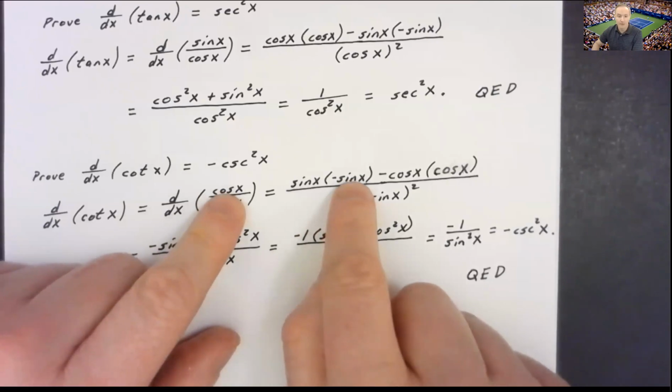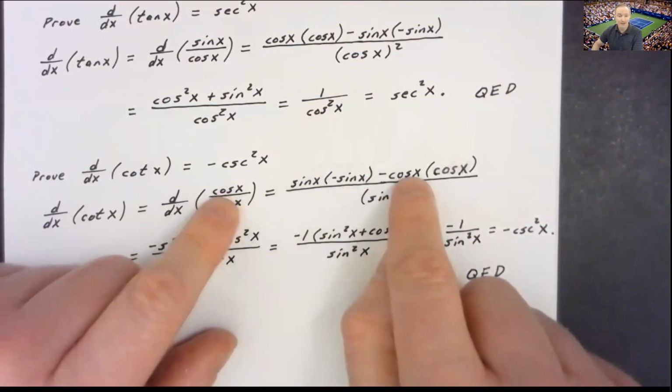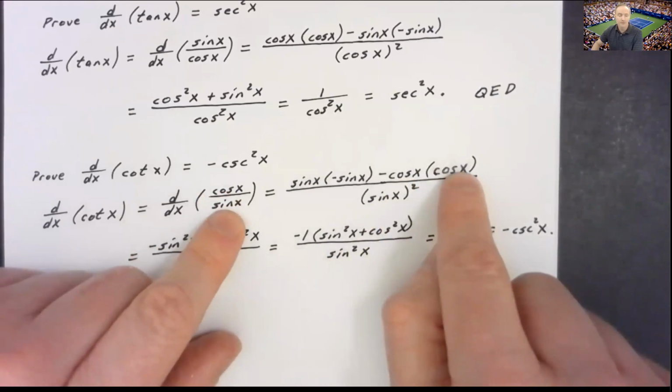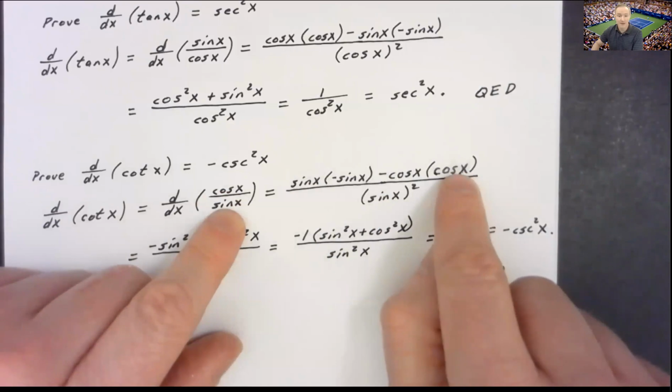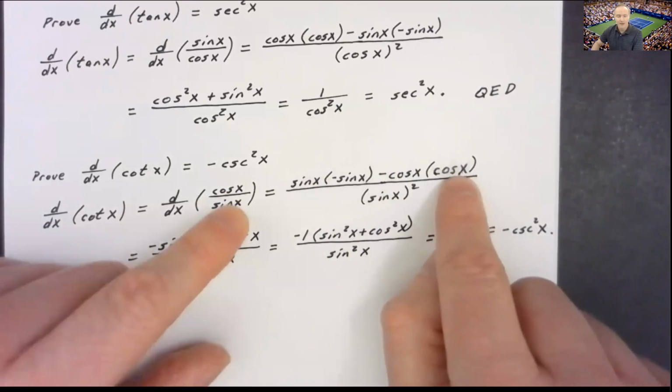Derivative of cosine, we've already proven, is negative sine. So this is your low d high minus high, your numerator cosine of x, d low, times the derivative of your denominator. Derivative of sine of x is cosine of x. Now look what you have.